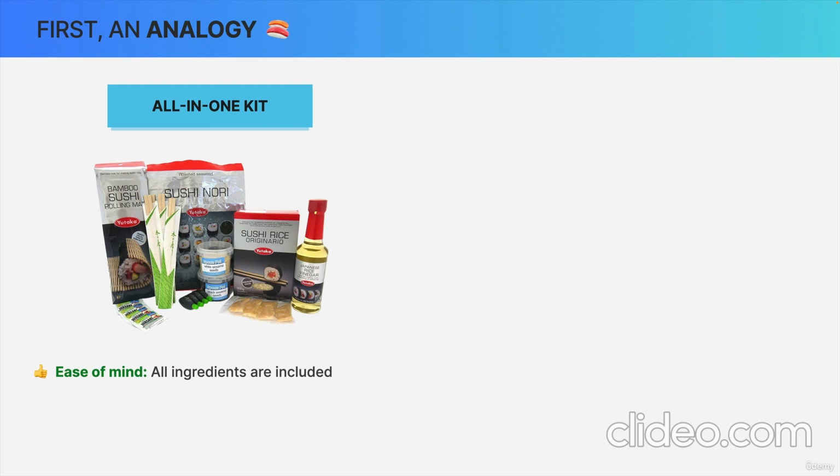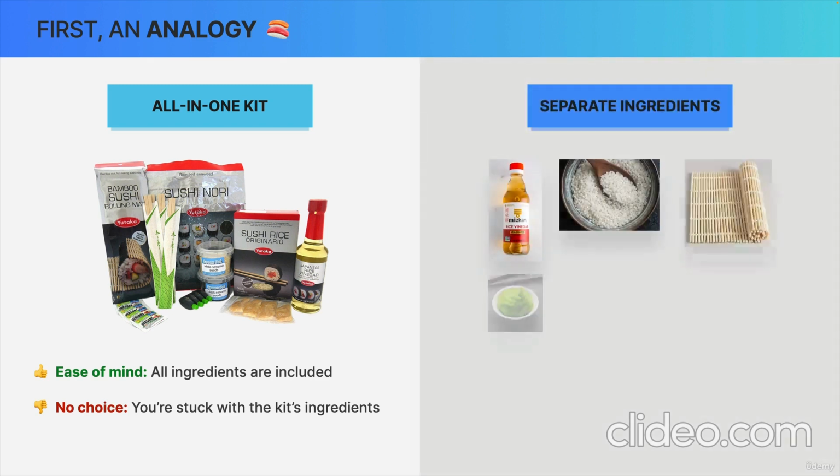However, there is also a downside to this, because now you're stuck with the ingredients that are included in the kit that you bought. So if you find out that you don't like one of these ingredients, then you still have to use it anyway. Now, instead of getting an all-in-one kit, you also have the option of buying all the ingredients separately.